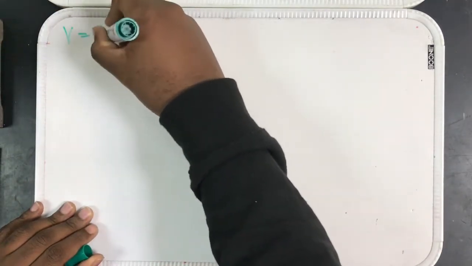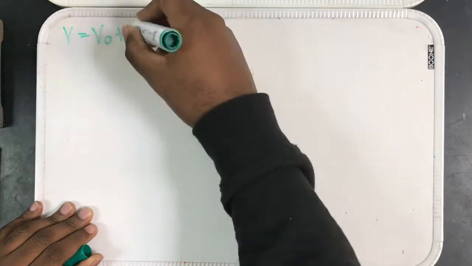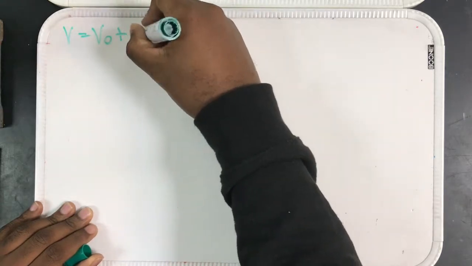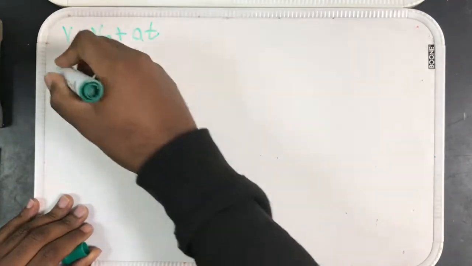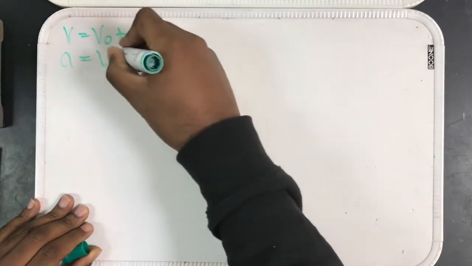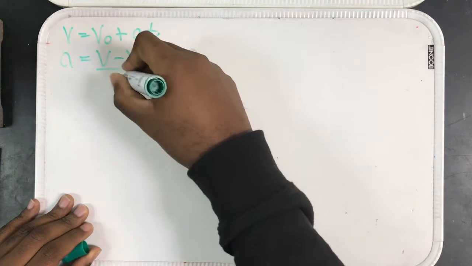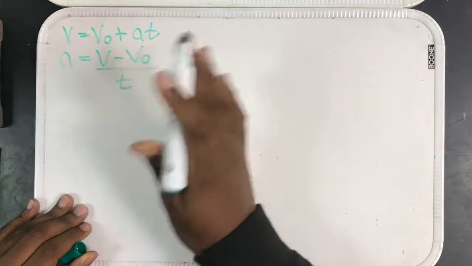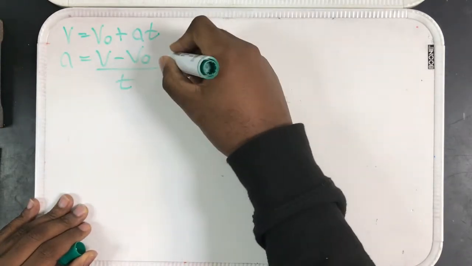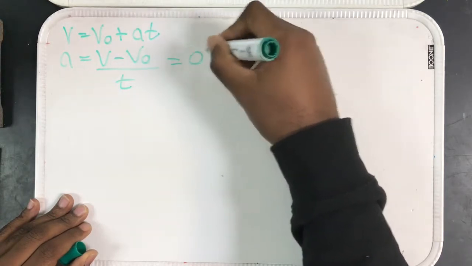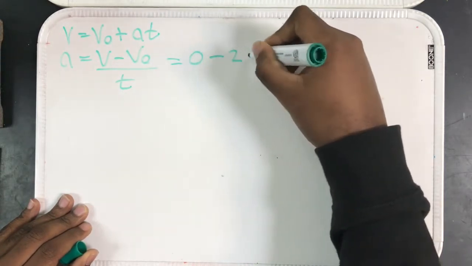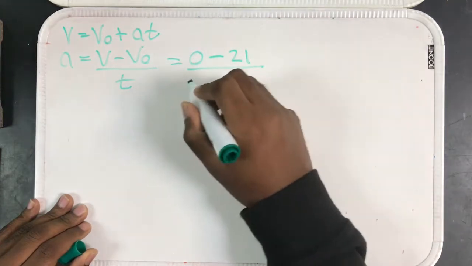So final velocity is equal to V naught plus AT. Now, with some magic, V minus V naught over T is equal to a, alakazam. And now I'm going to start plugging and chugging. So final velocity, what is this? This is 0. Initial velocity, this is 21.